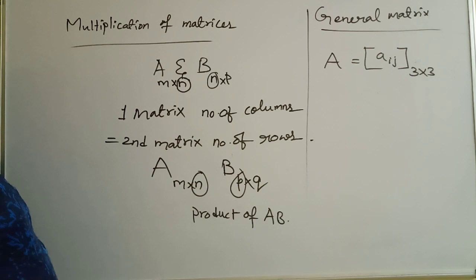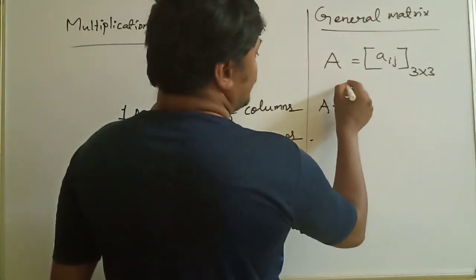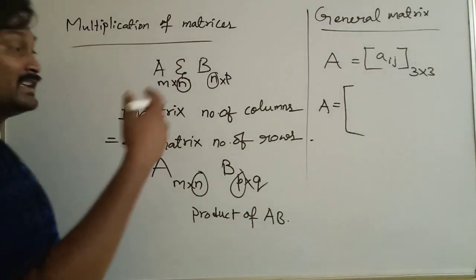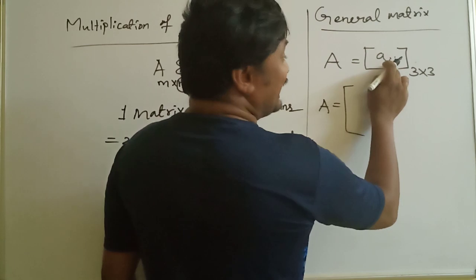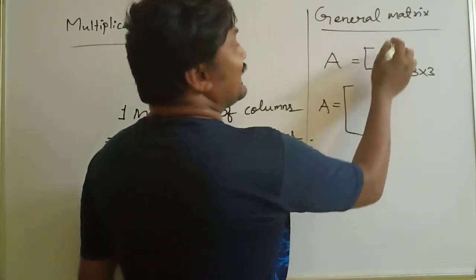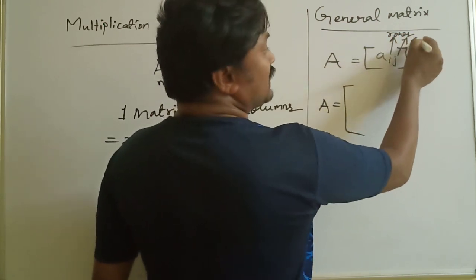Then what to do? How to write this? A is equal to 3 by 3 means how many rows and how many columns? 3 rows and 3 columns. Here, this I indicates rows and J indicates columns.